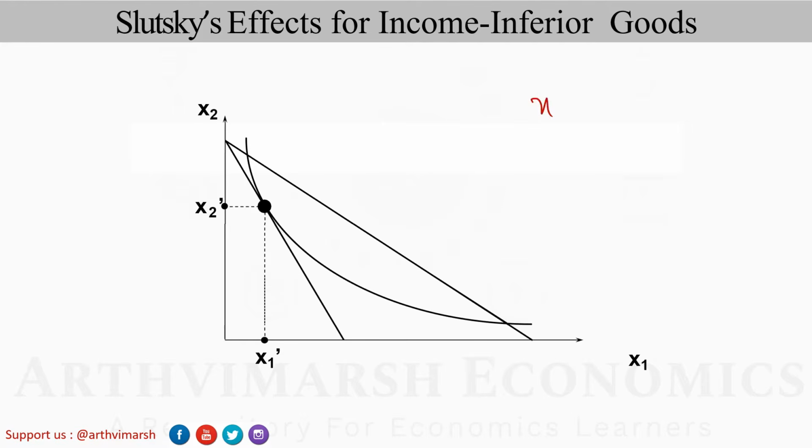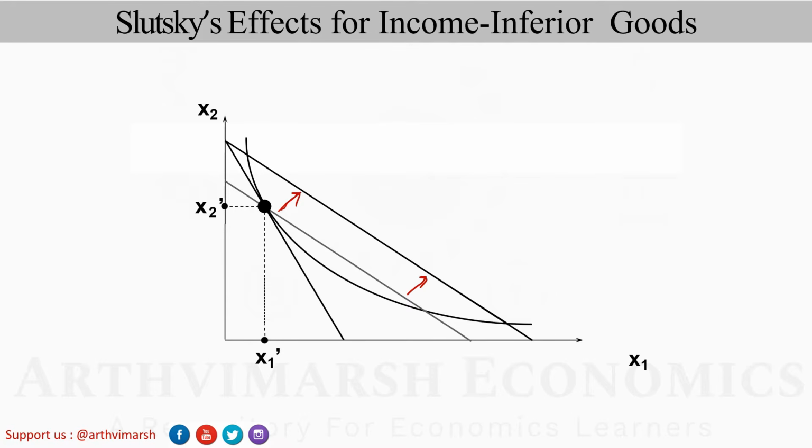X1 became cheaper, P1 went down. As a consequence, in terms of income, it means that the budget line or real income has gone up.